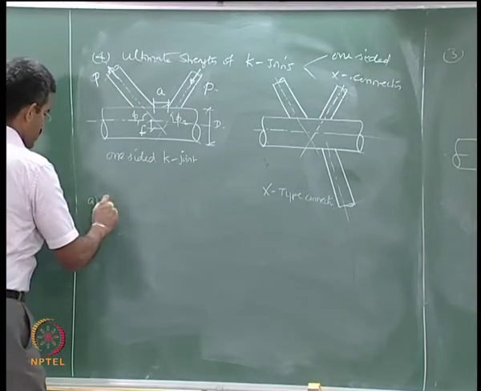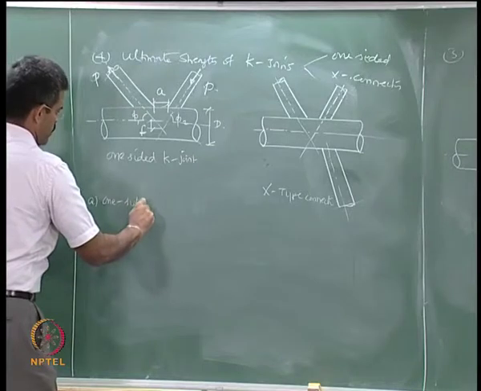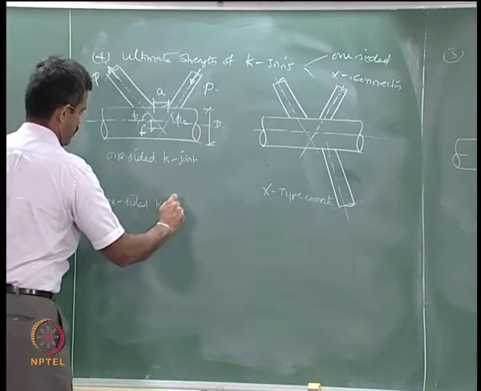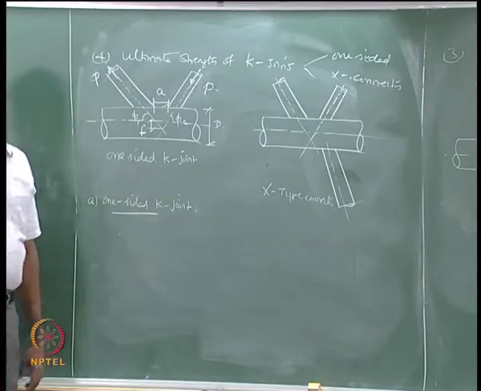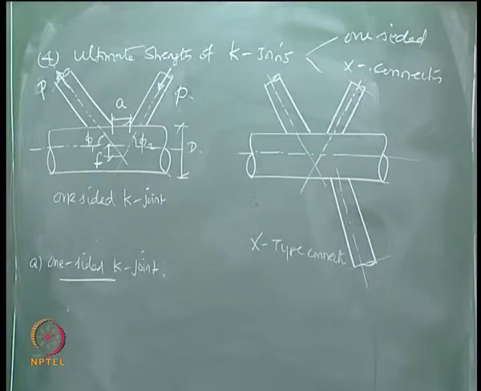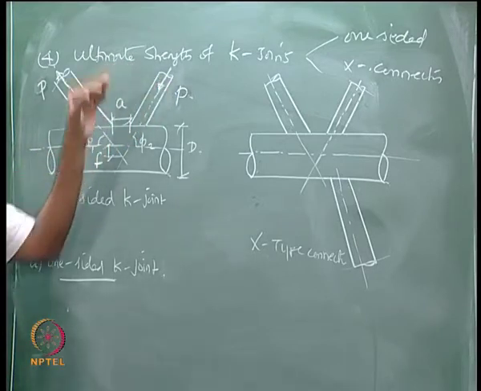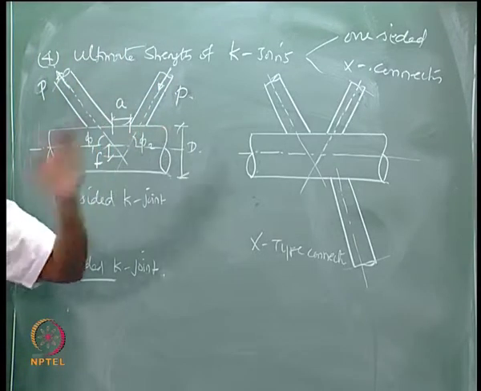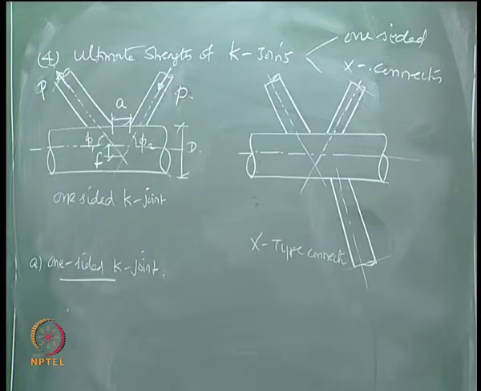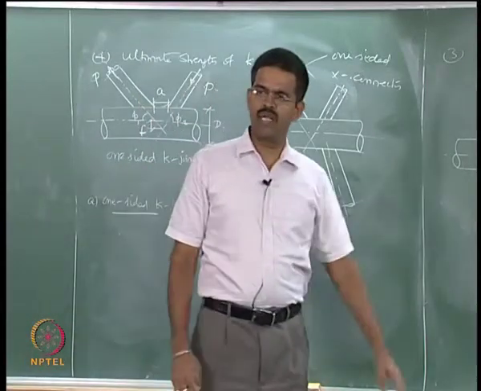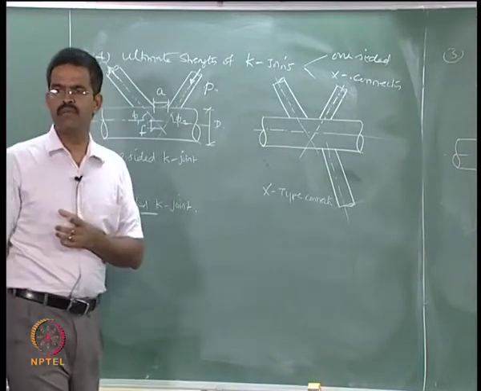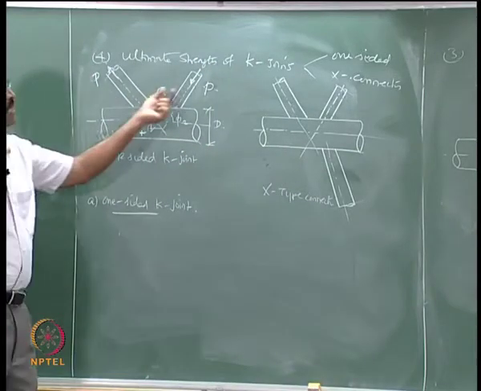Let us first look at the one sided connection. In a one sided connection you can always see that both the braces are connected to one side of the chord, whereas in cross type it is the other way, it is extending to the other side. In the previous discussions of Y and T joints, we already saw that both of them are very critical as far as compression is concerned.